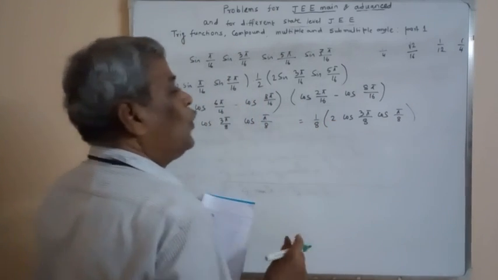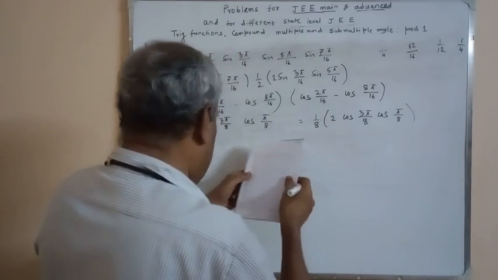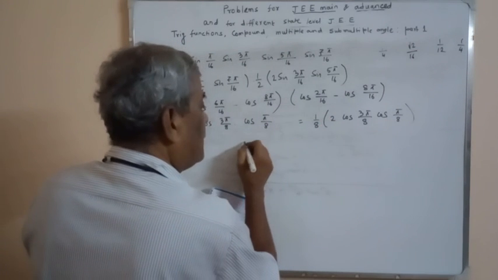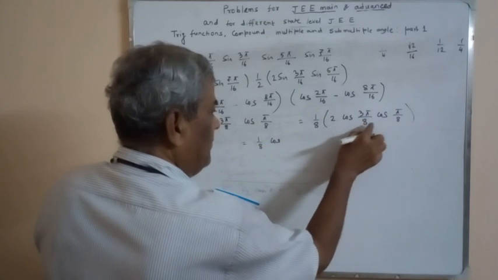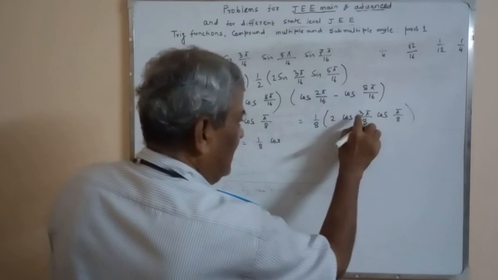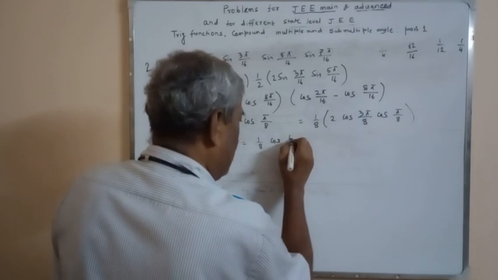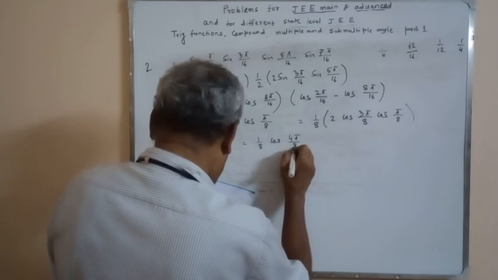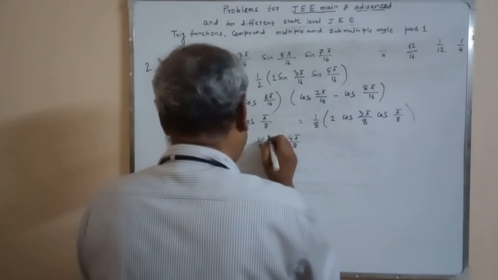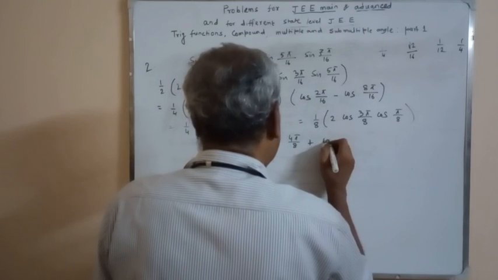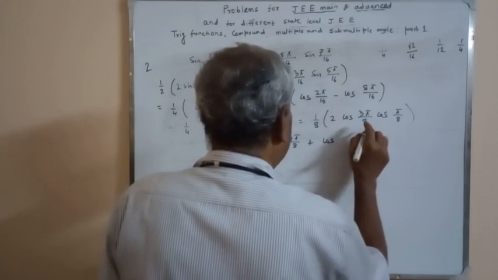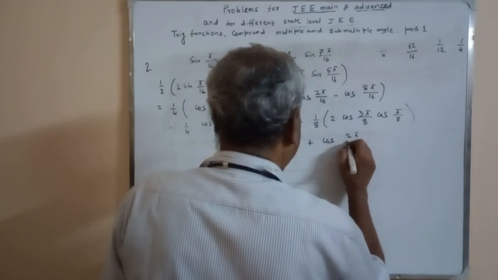Now for 2 cos A cos B, the formula is cos of A plus B, that is 4 pi by 8, plus cos of A minus B, this minus that, is 2 pi by 8.